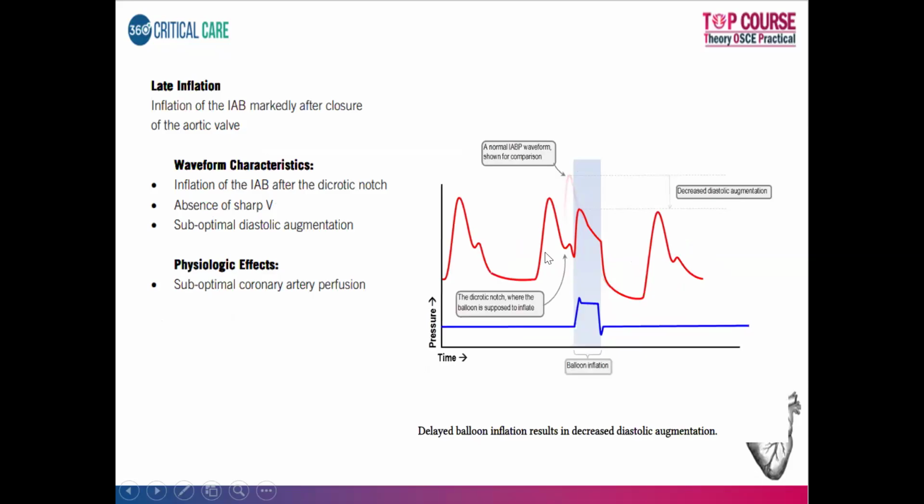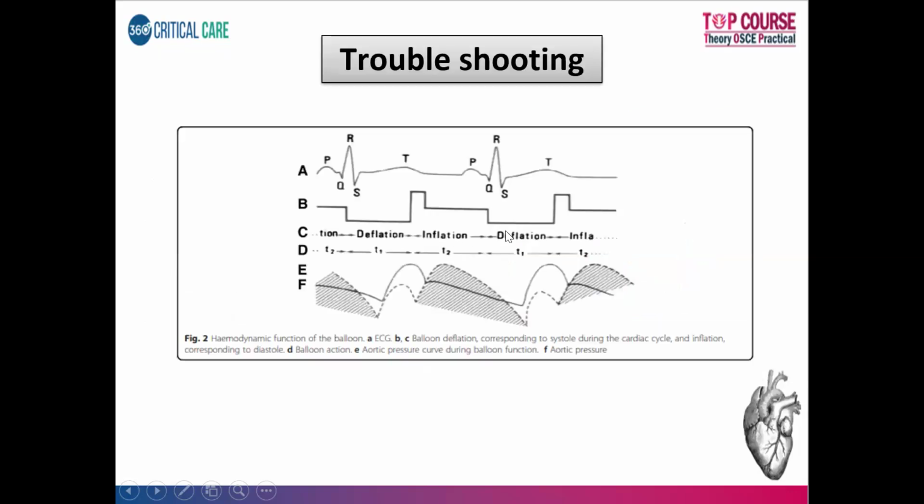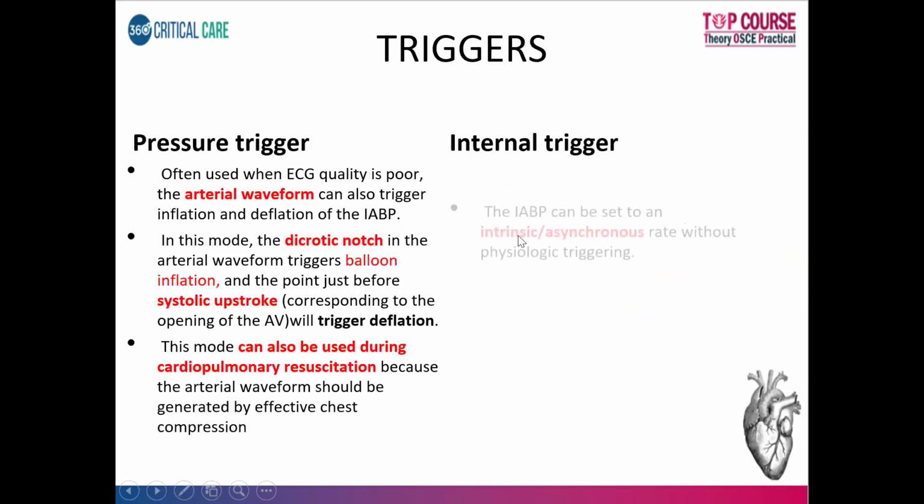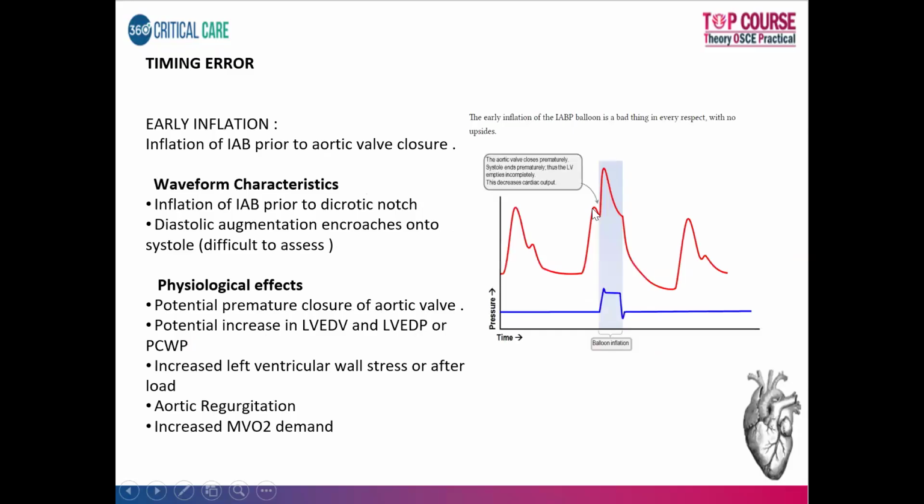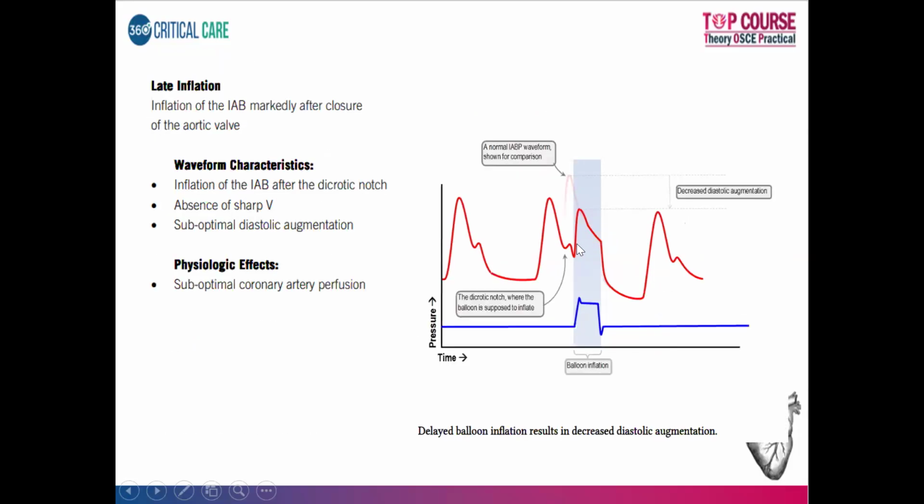Along with this, the aortic end diastolic pressure also falls. So there is a loss of the sharp V sign here. Usually what you see is the sharp V sign, which is seen in all IABP traces, and that will be lost. This is not optimal, but you should see a sharp V here. That is lost. So what are the physiological effects usually seen due to late inflation?